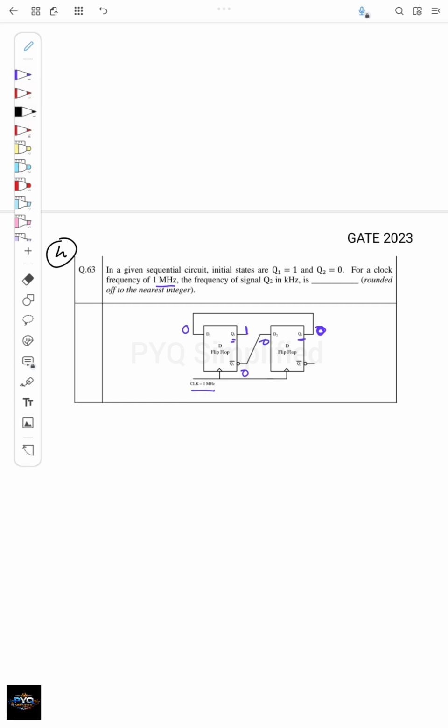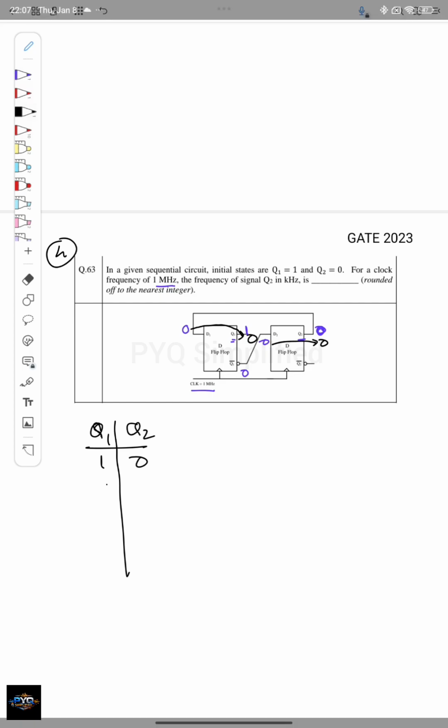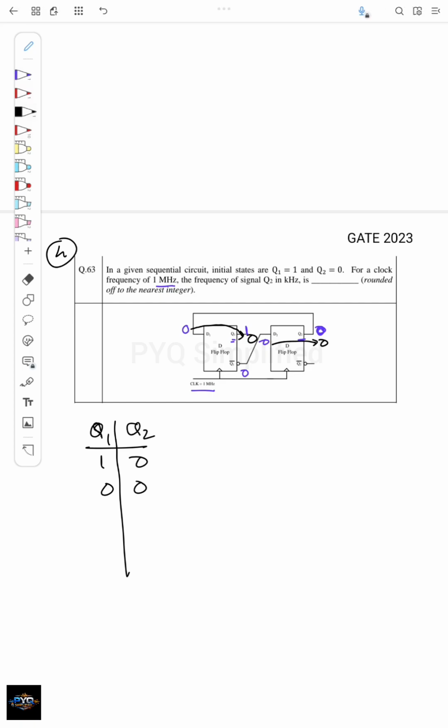So initially I will write here Q1 and this is Q2, and initially the values are 1 0. What happens in the next rising edge of the clock? This 0 will come here, and here this 0 will come here, right? So the next output will be 0 0 at the rising edge of the clock.